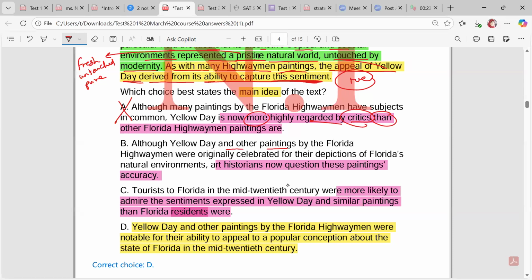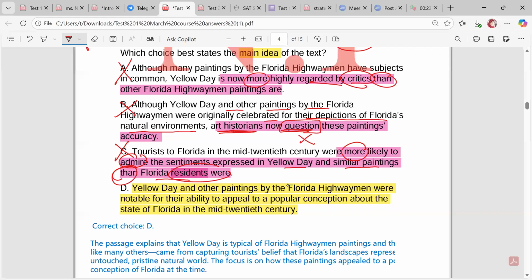Although Yellow Day and the other paintings by Florida Highwaymen were originally celebrated for their depictions of Florida's natural environments, art historians now question such depictions. That is a negative word; no questioning. Tourists to Florida in the mid-20th century were more likely to admire the sentiments expressed in Yellow Day and similar paintings than Florida residents were. A comparison between tourists and residents is not mentioned. As I told you, a comparison is a sign of a wrong answer if it is not present.